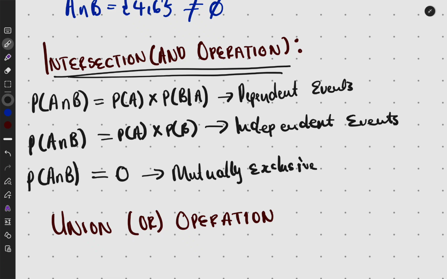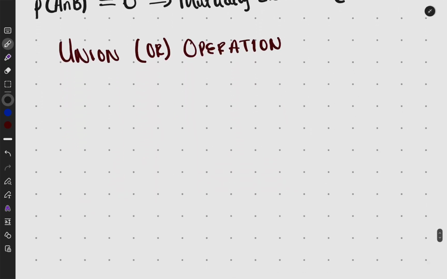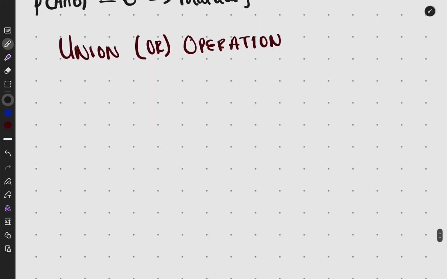So A intersection B is going to be 0. Since A intersection B is equal to an empty set, that means that the probability of A intersection B is 0, because there is nothing in A intersection B. So the probability of getting that is going to be 0. There we go.